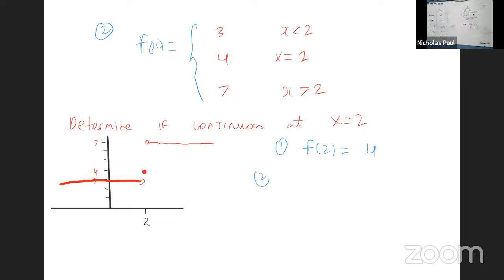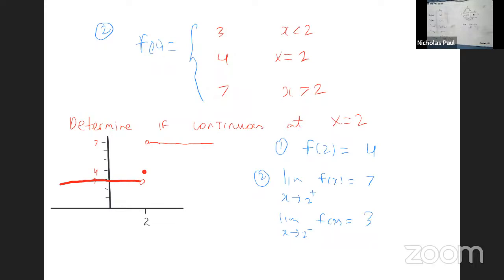Next, when you approach 2 from the right, and when you approach 2 from the left, what do you get? Jason, help me out. When you approach 2 from the right, what do you get? Very good. When you approach 2 from the left, 3. Very good. What can you say about the limits?